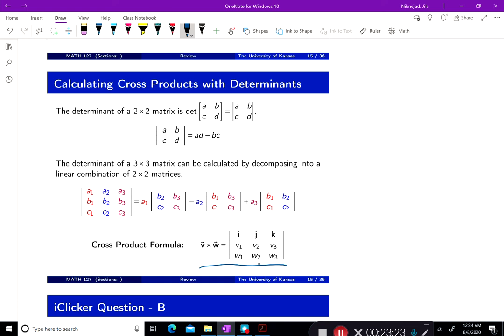And so over here, the cross product of V cross W is equal to, put an ijk, and then the coordinates of V and coordinates of W, second and third row, and find the determinant of that. And through the expansions, you will have something multiplied by I, something multiplied by J, something multiplied by K, which makes it a vector in 3 dimensions.